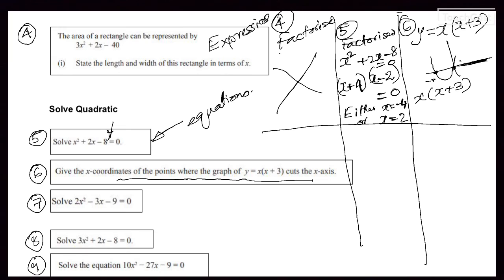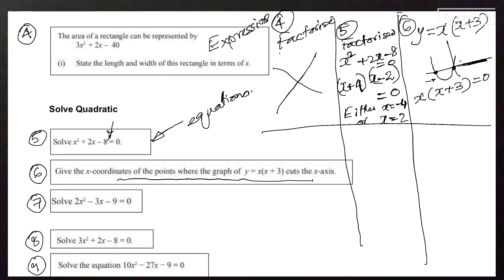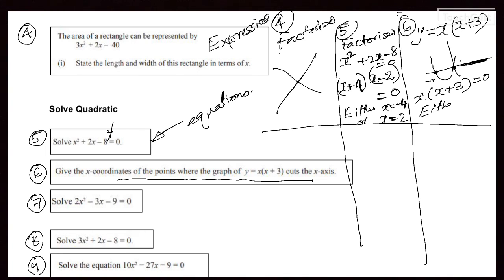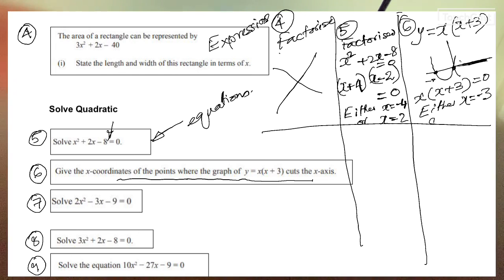x times x plus 3 equals 0. And once you put the right hand side equal to 0, you should be able to solve it. We know one of the solutions, either x equals -3, or, now people might wonder what could be the answer to the other one.